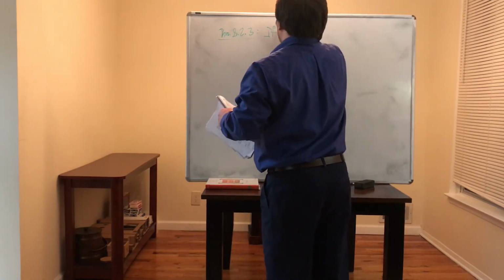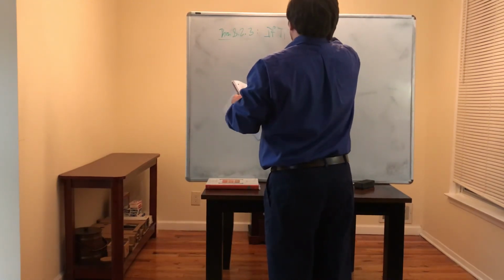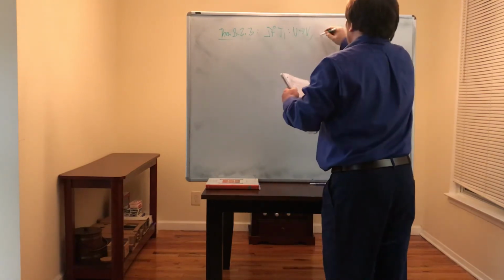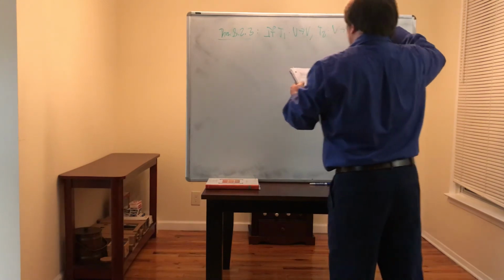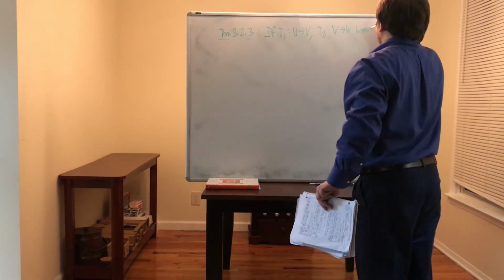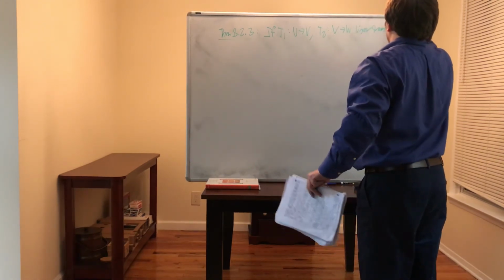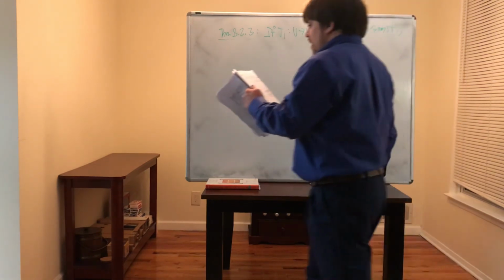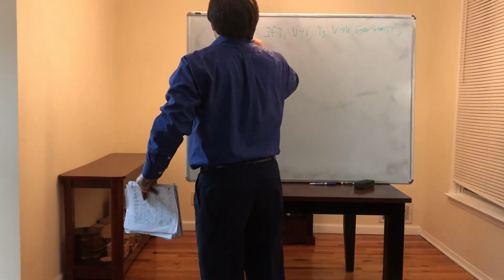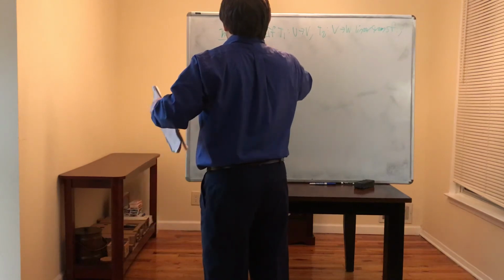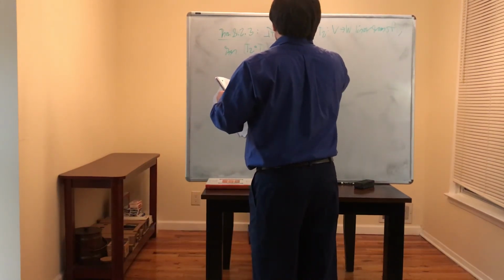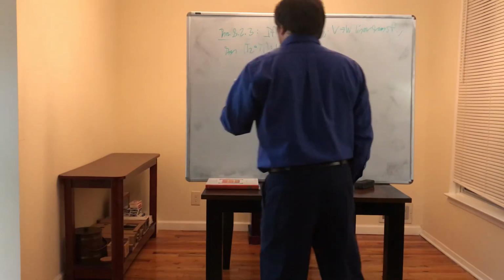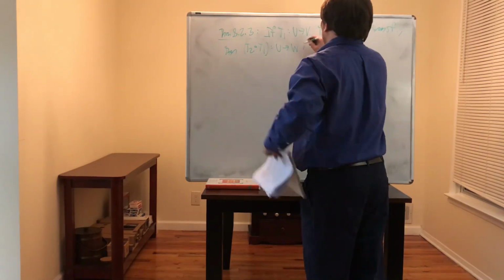If T1 is from U to V, T2 is from V to W as linear transformations, then T2 composed with T1, which is a function from U to W, is also a linear transformation.